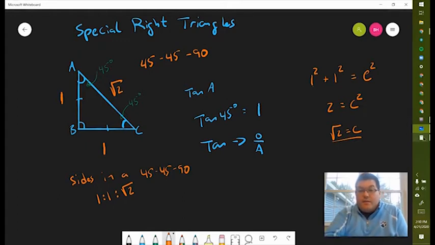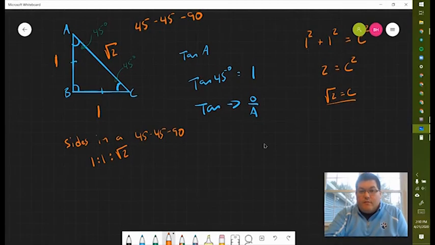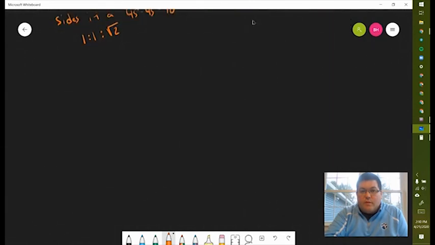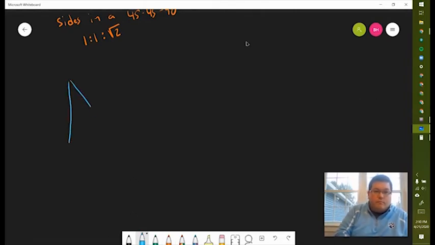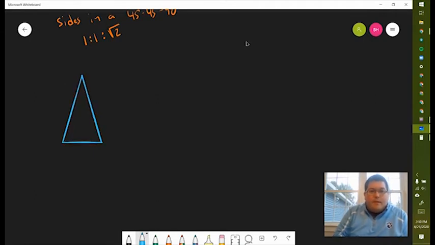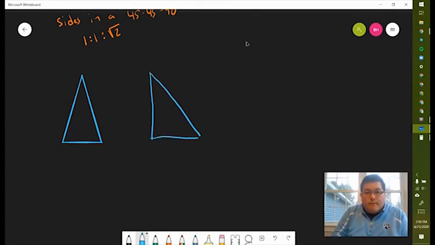The second of these special right triangles, so again, we'll get ourselves a triangle here. That is not the triangle that I was hoping to draw. Let's see if it's a little bit happier with this one. There we go.